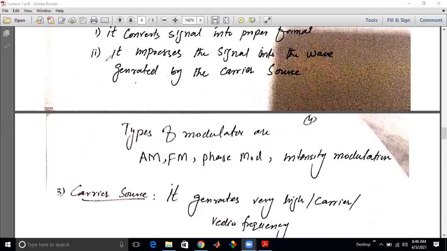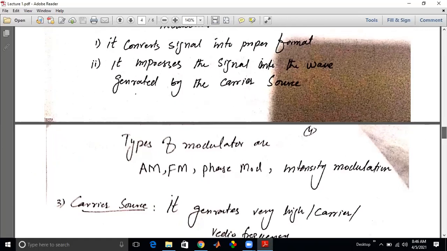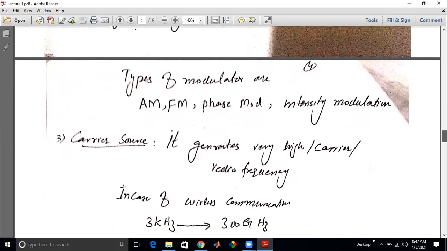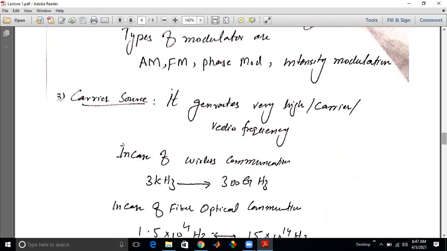So this is the major function of the modulator: convert the signal into the proper format and impress the signal onto the wave generated by the carrier signal. And how will it impress? It will use modulation techniques, and these modulation techniques are AM, FM, PM, intensity modulation, ASK, FSK, PSK, QAM, pulse width modulation, etc. We will use these modulation techniques.